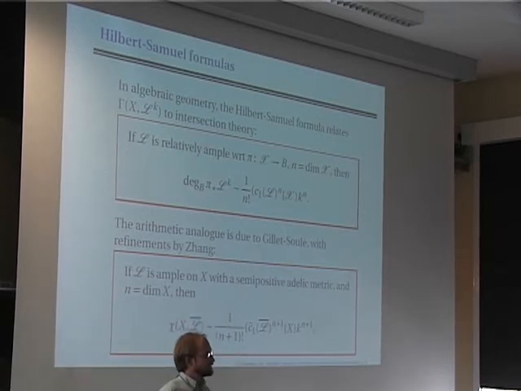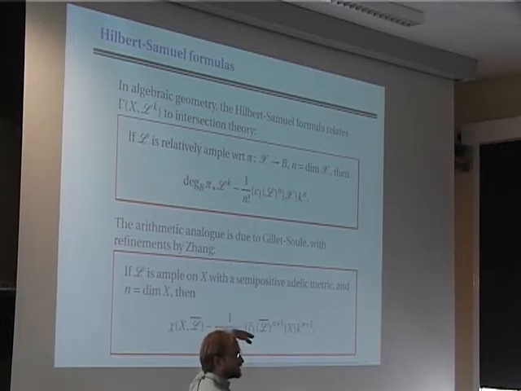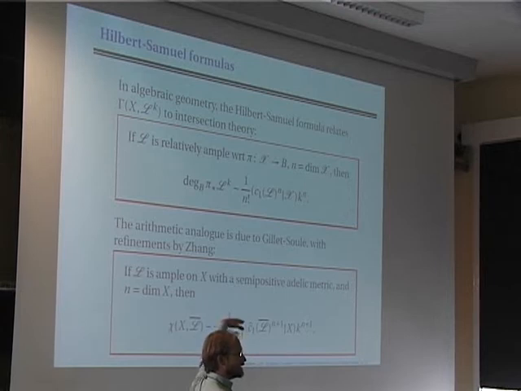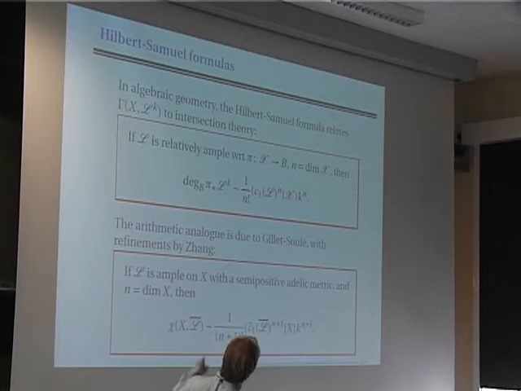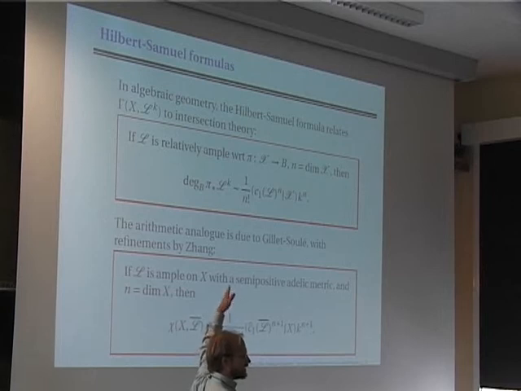If I go back to algebraic geometry, this chi is the analog of the direct image of the line bundle L on the base B. And there I have a Hilbert-Samuel formula, which tells me that the degree of pi star L to the k is approximately 1 over factorial n times the degree of the variety curly X with respect to the line bundle L, times k to the n, at least if the line bundle L is relatively ample.